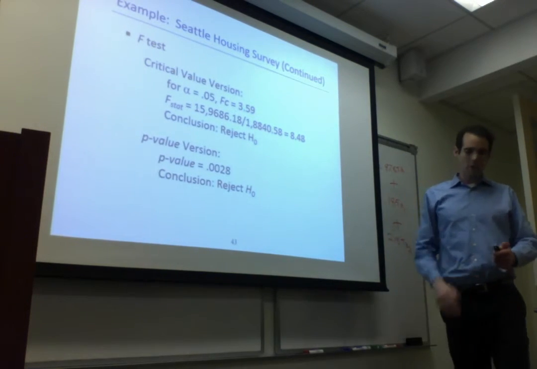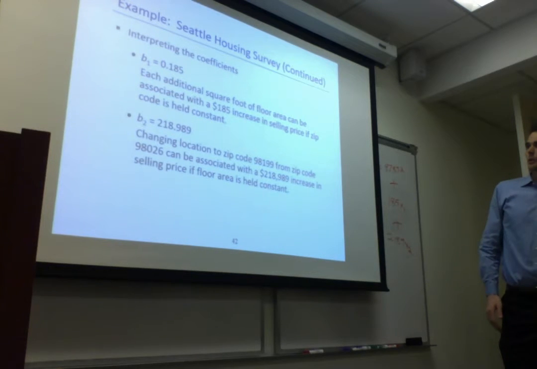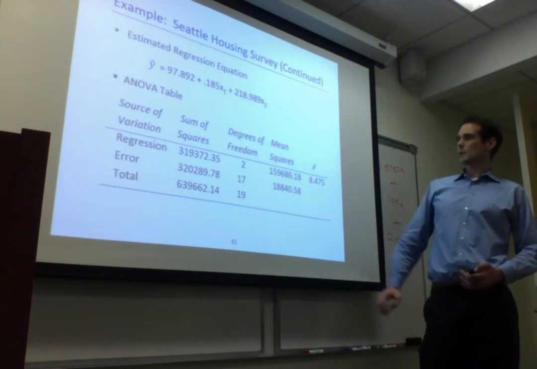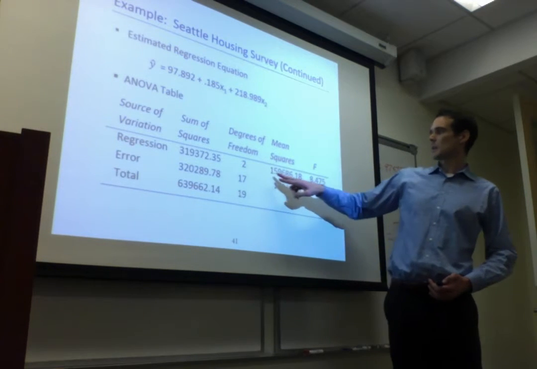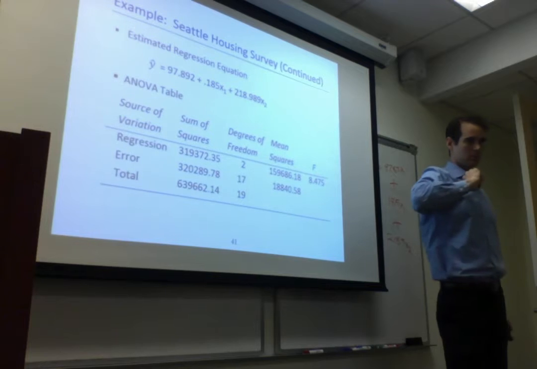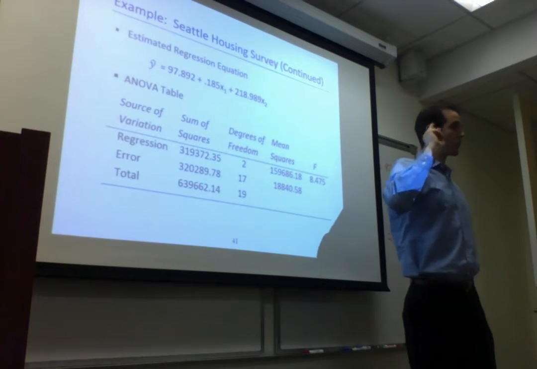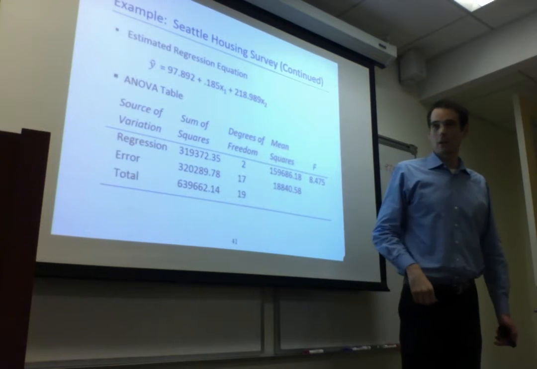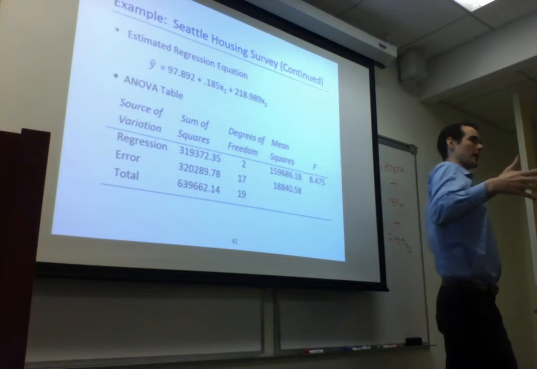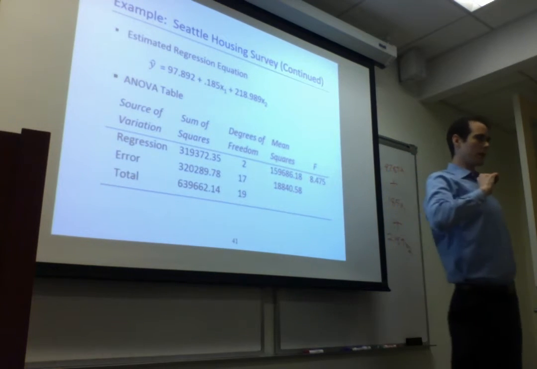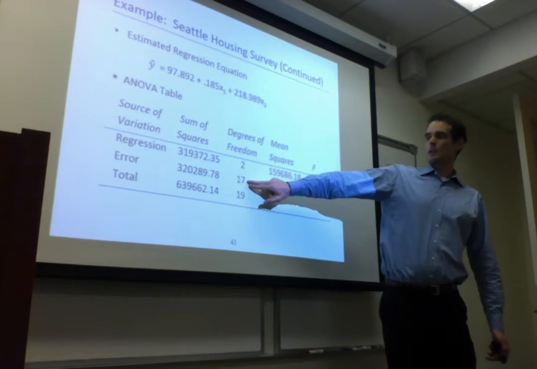And then let's make sure we've got our degrees of freedom where we want them. For the degrees of freedom in the numerator, the mean square regression, we have two independent variables, so degrees of freedom in the numerator is 2. For the degrees of freedom in the denominator, we have our sample size n minus k minus 1, which is going to give us 17.